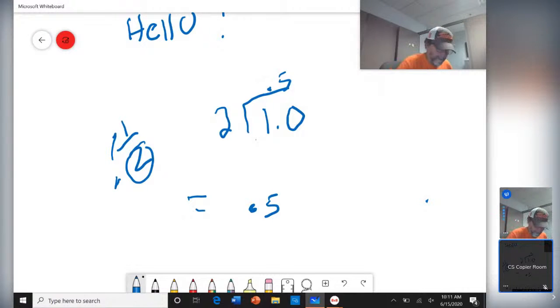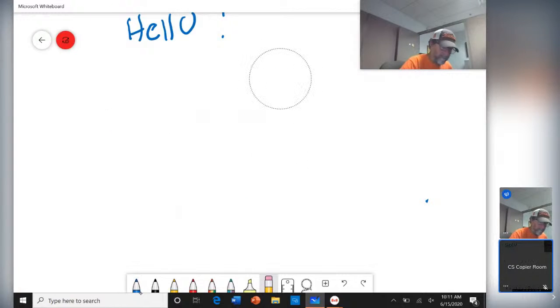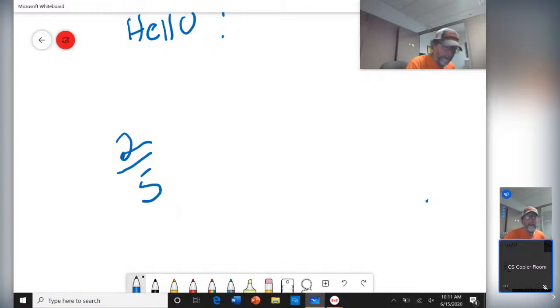Okay, let's do one more. Let's do 2 over 5. So 2/5. They might ask you to convert 2/5 to a decimal. And basically all you would do is divide the denominator, the 5, into the 2.